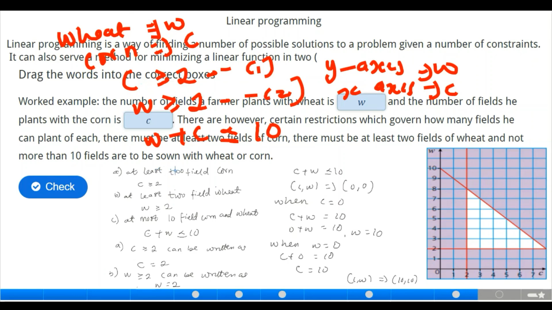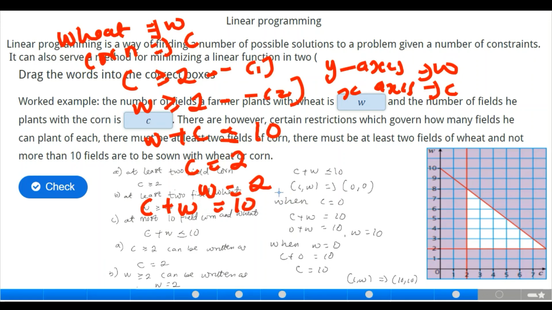If you want to represent that, we can say C equals 2. That's the first condition to represent on our graph. Now, the second condition is we have 2 feet of wheat, so we are going to have W equals 2. And the next one, we have corn feet and wheat feet that must not be more than 10. So we have C plus W equals 10.